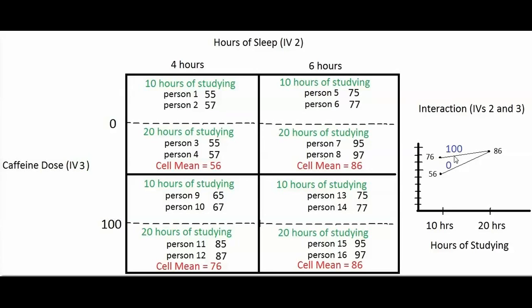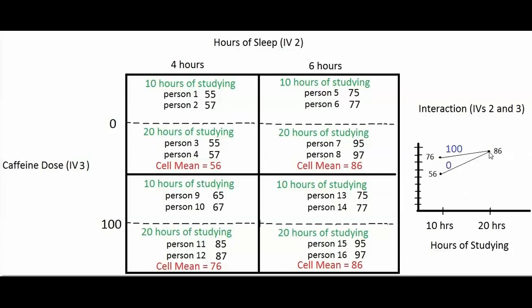What this looks like is that when you have little sleep and no caffeine, you do really poorly. The mean is 56. When you've had 6 hours of sleep, your score is pretty high, regardless of whether you had caffeine or no caffeine, because 6 hours of sleep and 0 milligrams had a high average, and 6 hours and 100 milligrams had a high average.